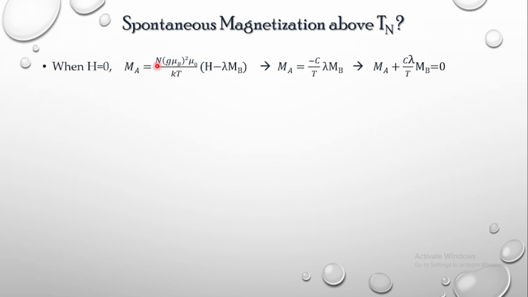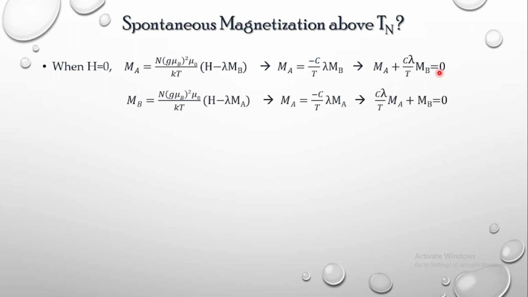Already we have seen the magnetization value of sublattice A in equation number 3, I guess: Ma equals n g mu B whole square mu naught by kT into H minus lambda Mb. Here we are going to put H equals 0 and rearrange the equation by considering n mu naught g mu B whole square by k as C, getting the equation Ma plus C lambda by T Mb equals 0.